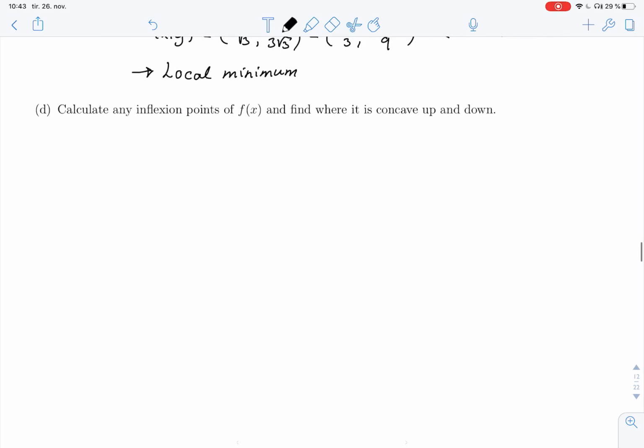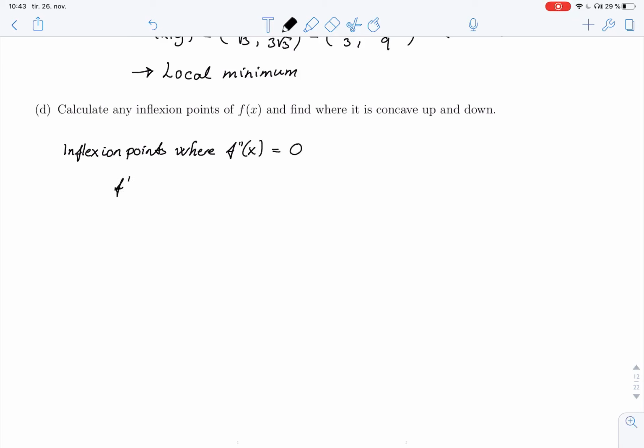Calculate any inflection points of f of x. So inflection points are found where f double derivative of x, or second derivative, equals 0.